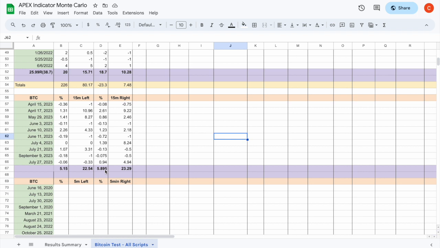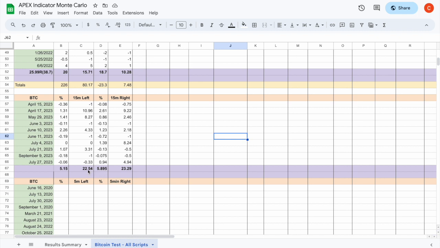So that can be problematic for some people, and I'm not saying that you should do that, but that is the performance that I got. So based off of those 10 trades for the 15-minute, or the 20 trades, I'm sorry, it would have netted you 1104%. Sorry, just writing my notes down more.